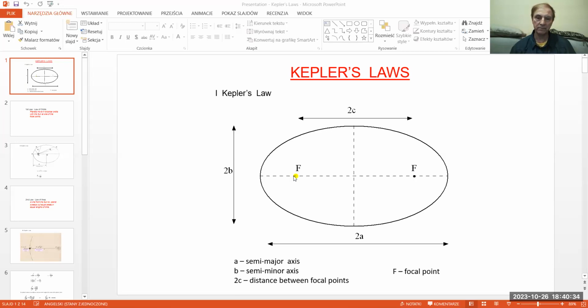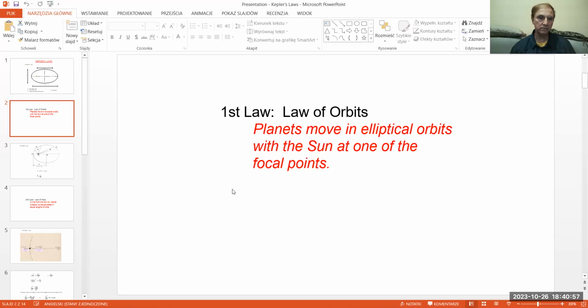Any planet of all planets in the solar system moves along this ellipse, and the Sun is located in one of the focal points, either here or here. And here's the definition of the first Kepler's law. Planets move in elliptical orbits with the Sun at one of the focal points. That was the first Kepler's law.